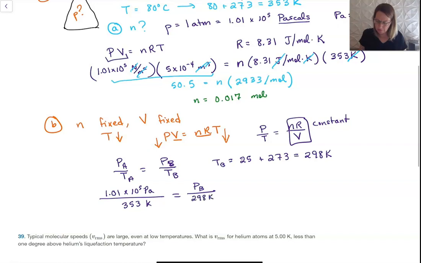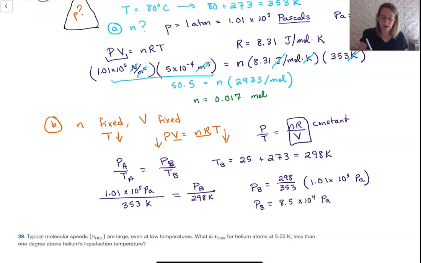So my pressure B is 298 over 353 times an atmosphere. And so when I calculate this, that gives me about 8.5 times 10 to the 4th pascals.